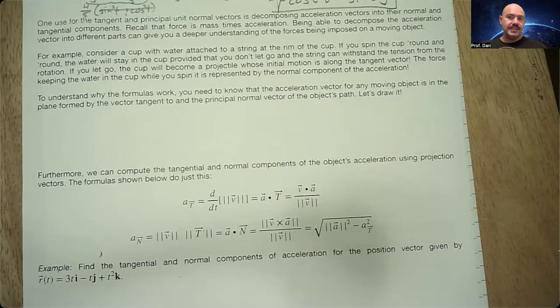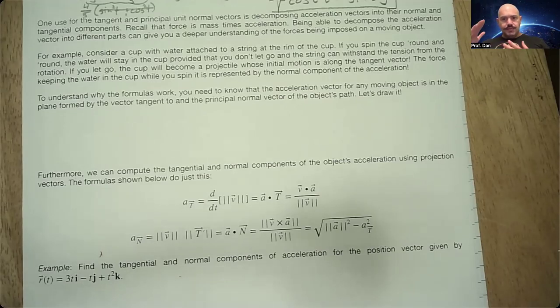Specifically, it would become a projectile where your tangent vector is the initial velocity vector, or the tangential acceleration is the initial acceleration, right? But going back to what's keeping the water in, that happens because as we spin the cup around in that circular motion, there is a force acting in the direction of the bottom of the cup.